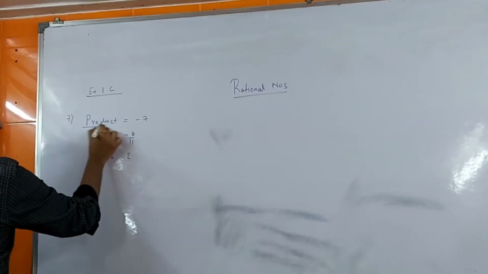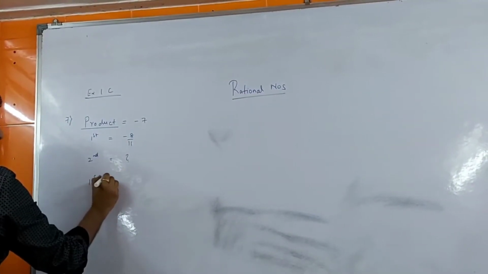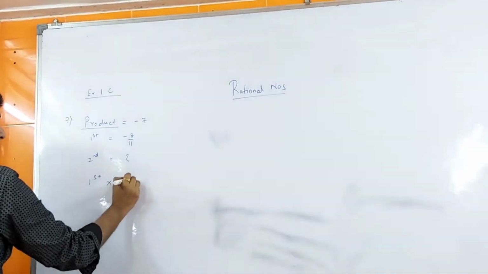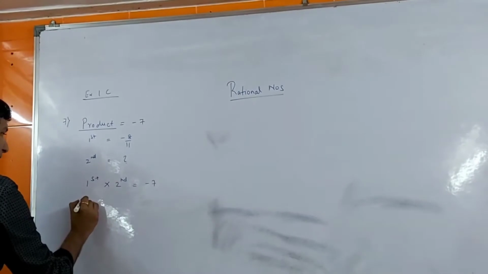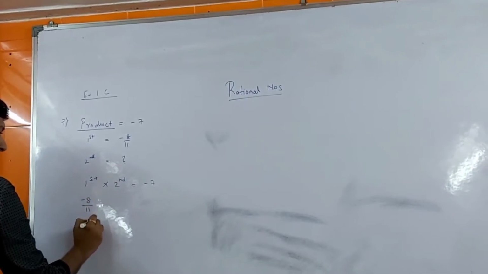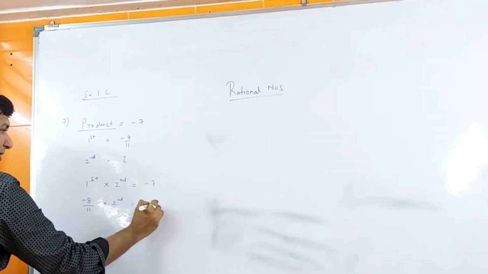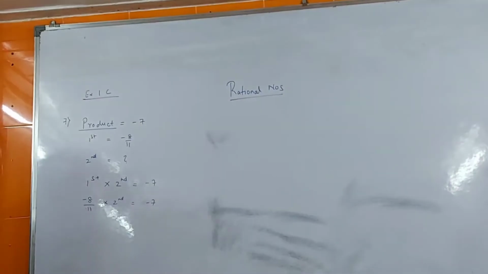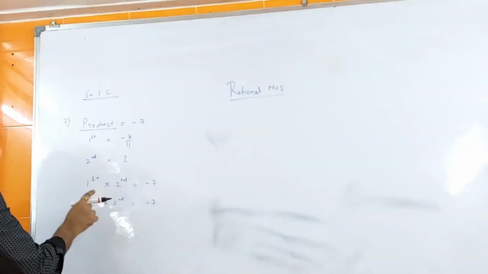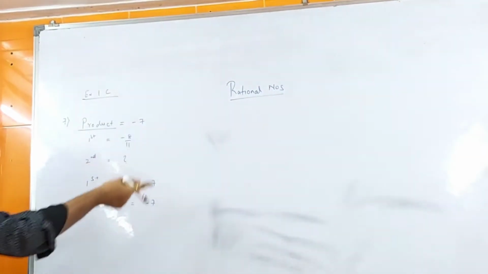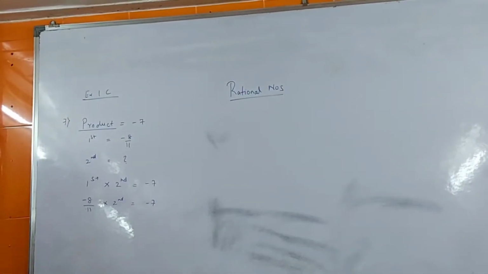So product means, as I have told you, multiplication. The first rational number into second rational number is minus 7. What is first rational number? Minus 8 upon 11 into second rational number equals to minus 7. So simple. As I have told you that any number, if it goes on the other side of equal to sign, you have to change the sign.